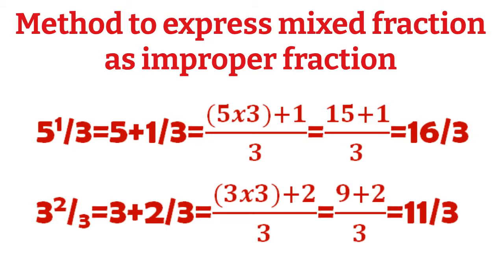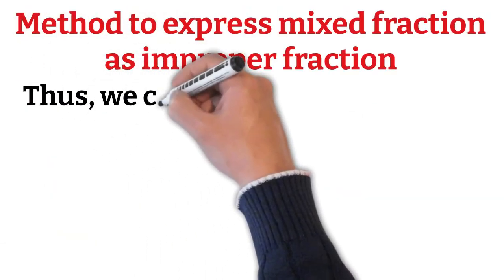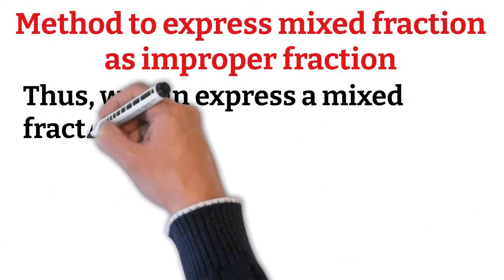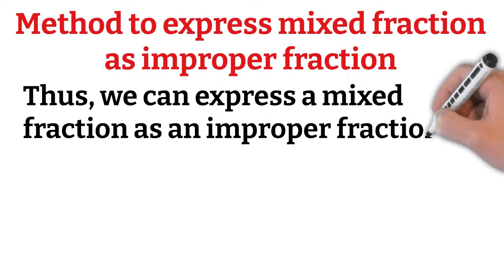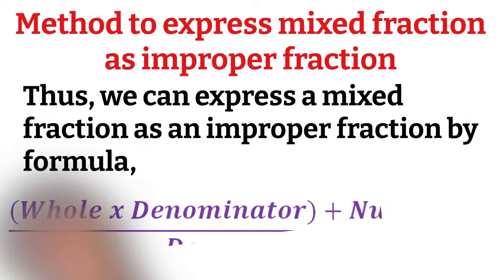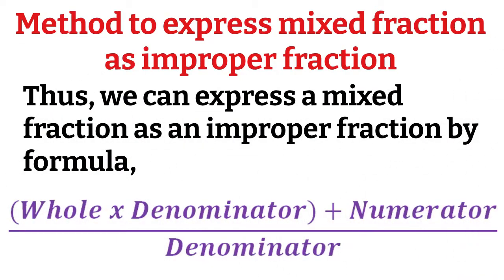That is equal to 3 into 3 plus 2 divided by 3, equal to 9 plus 2 by 3. The answer is 11 by 3. Thus, we can express a mixed fraction as an improper fraction by the formula whole into denominator plus numerator divided by denominator.